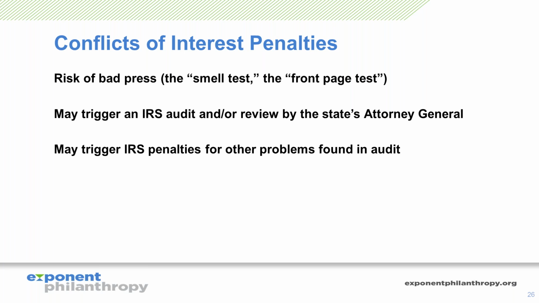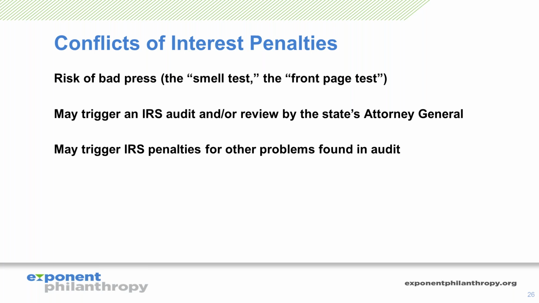But they have the authority to enforce conflict of interest, which implicates, as a matter of state law, the duty of loyalty, which is a fiduciary duty. There are two duties: the duty of care, to act with care and make informed decisions, and the duty of loyalty, which requires fiduciaries, board members, and others to act in the best interest of the foundation. And that's where the state attorney general authority comes in.